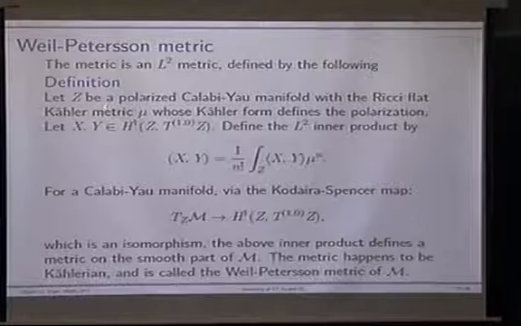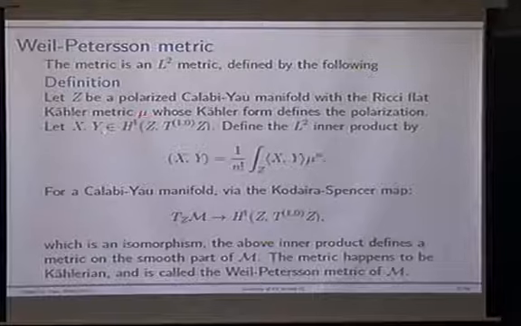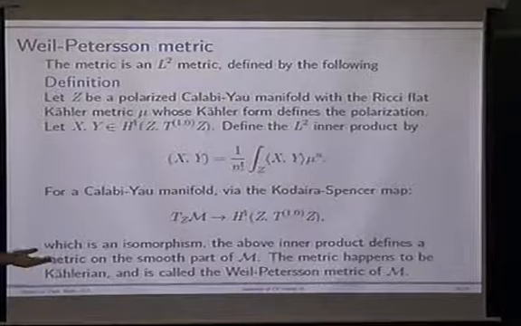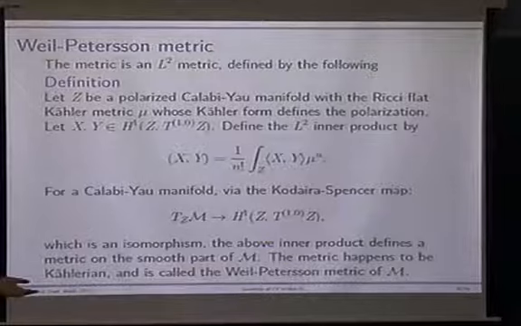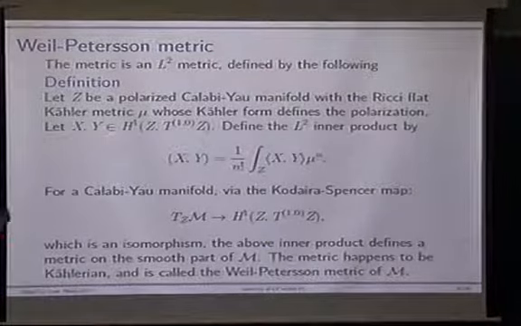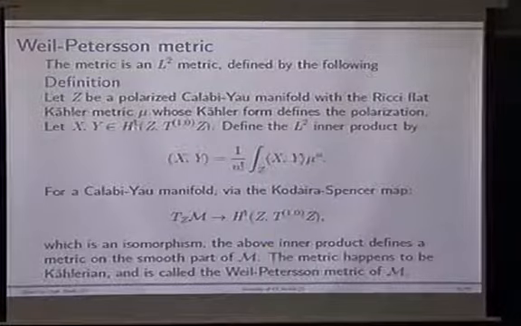Assume that we have a polarized manifold, and that x and y are elements of this cohomology group, which we identify with harmonic forms using Hodge theory. Once we identify them as harmonic forms, I can define the L2 inner product on this finite dimensional vector space.